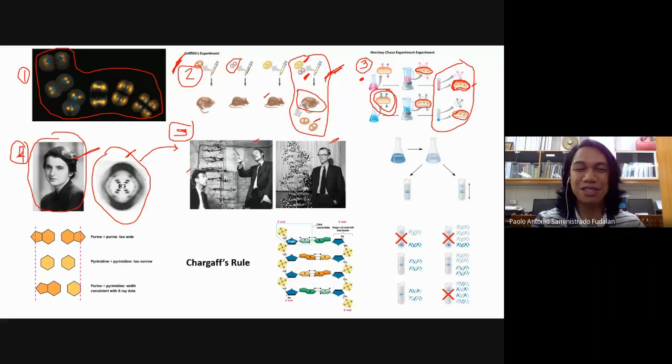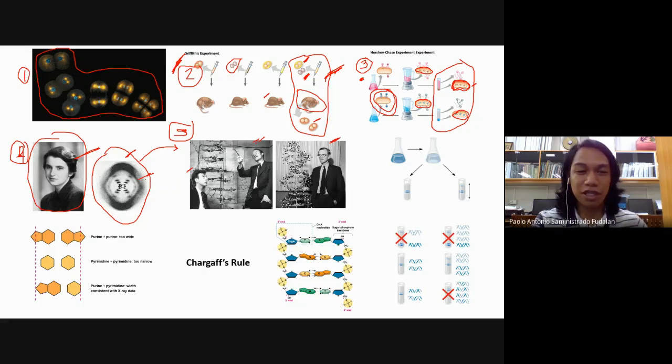All right. Watson and Crick are the most popular ones, but they had a third colleague, si Maurice Wilkins, no? So they built a 3D model of the DNA based on Rosalind Franklin's X-ray crystallography photo. So that's why we now have our infamous model of the DNA, the double helix anti-parallel structure.